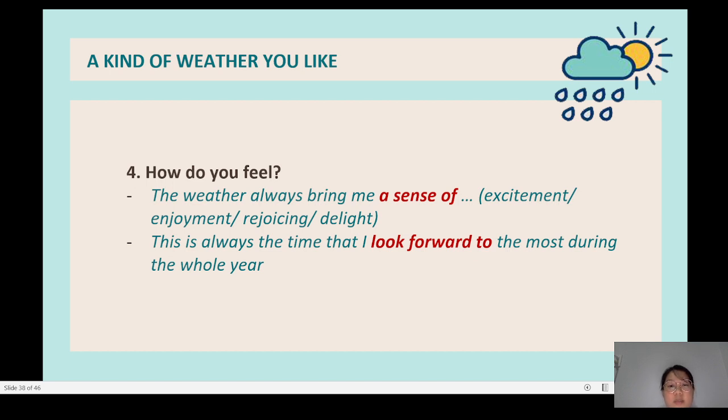The weather always brings me a sense of excitement, enjoyment, rejoicing, and delight. Or in other words, you can say this sentence: This is always the time that I look forward to the most during the whole year. It concludes that this is your favorite weather.